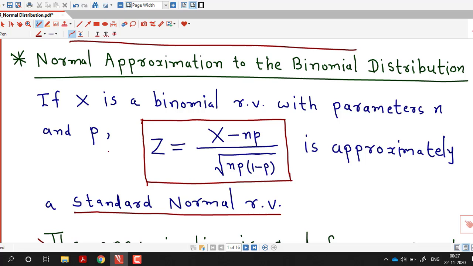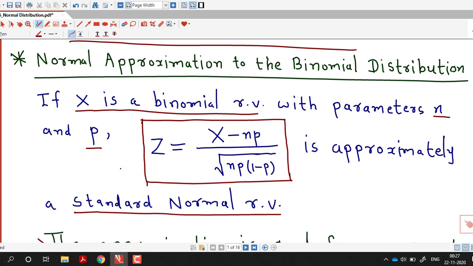If X is a binomial random variable with parameters n and p, as we know n is the number of trials in a binomial experiment and p is the probability of success, then Z = (X - np) / sqrt(np(1 - p)).